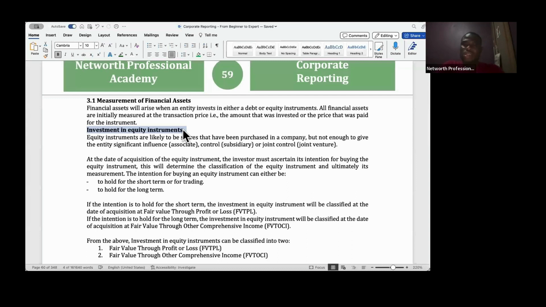The thing is that the investor now has so much holding that he has either significant influence, which makes the investee your associate, or control, which makes the investee your subsidiary, or joint control, which makes the investee your joint venture.